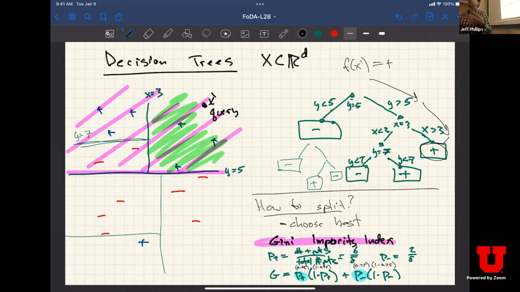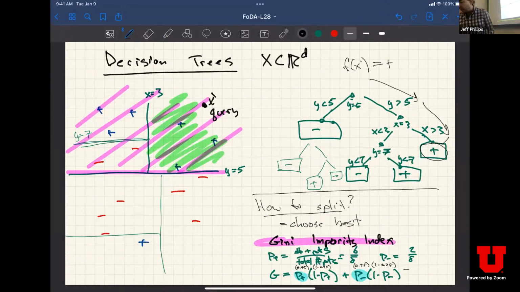So I want this to be small. If it's 50-50, I get 0.5 times 0.5 plus 0.5 times 0.5, so a value of 0.5. The more mixed it is, the higher the score; the more concentrated towards one quantity, the smaller the value.